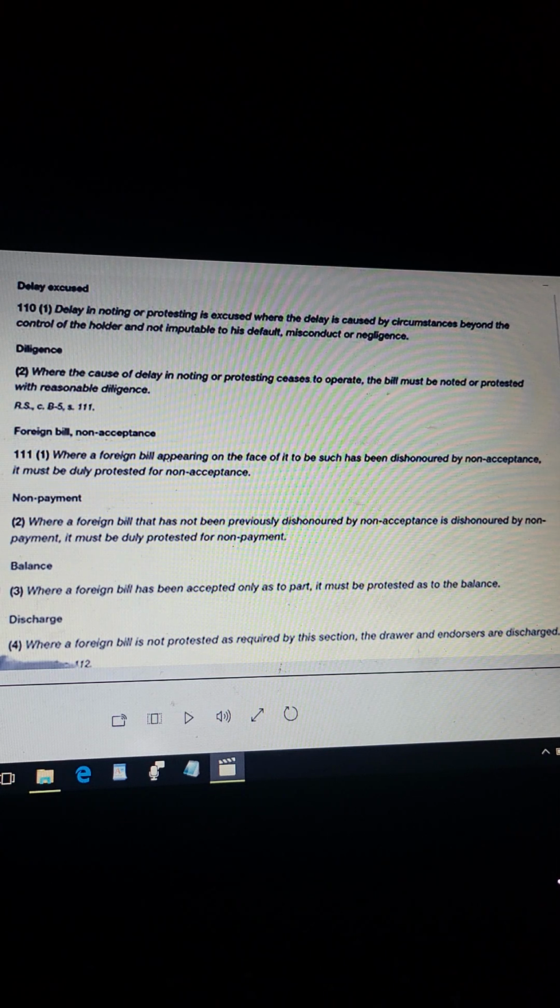Balance. 3. Where a foreign bill has been accepted only as to part, it must be protested as to the balance. Discharge. Where a foreign bill is not protested as required by this section, the drawer and endorsers are discharged.